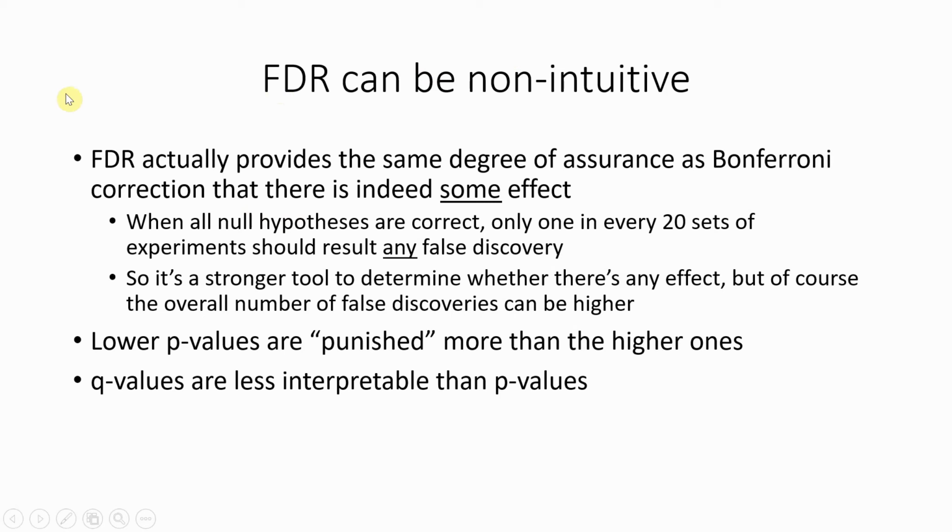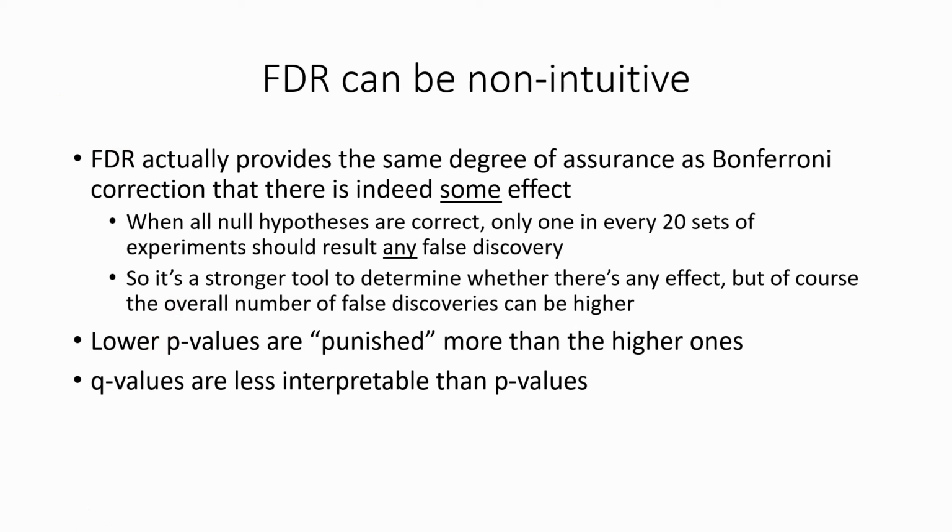And lastly, there is this whole notion of q-values, which I guess everybody would agree are even less interpretable than p-values. If you remember in the previous lesson, when we spoke about the definition of p-values, we gave it time and had a very elaborate discussion about what p-values mean and what they don't mean.